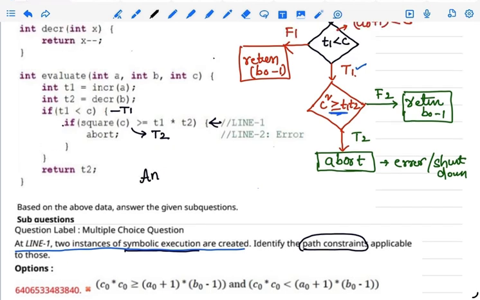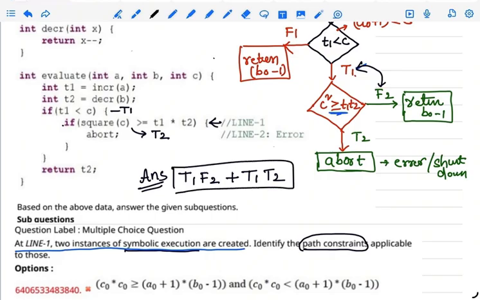The path constraints answer is T1 F2 plus T1 T2. These two conditions create the path constraints, and you reach line 1. The 2 instances of symbolic execution at line 1 are created by these conditions only.